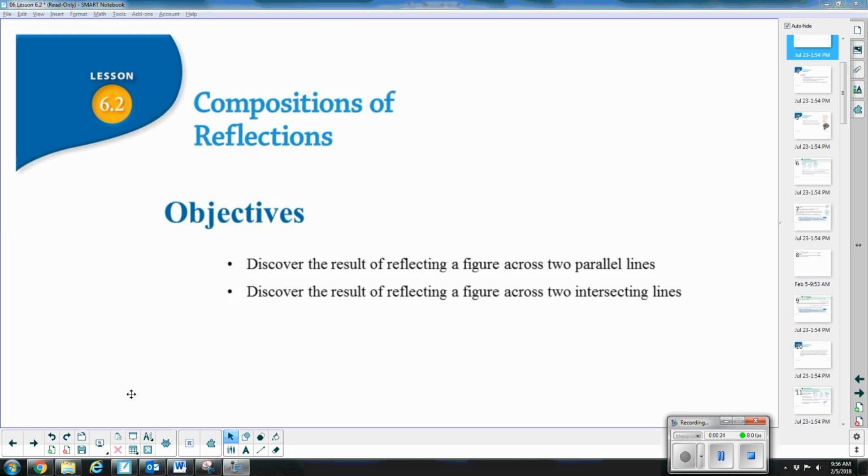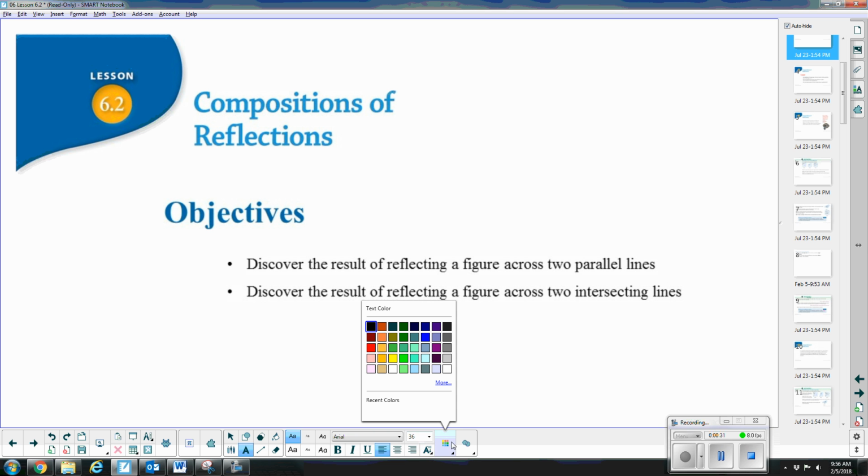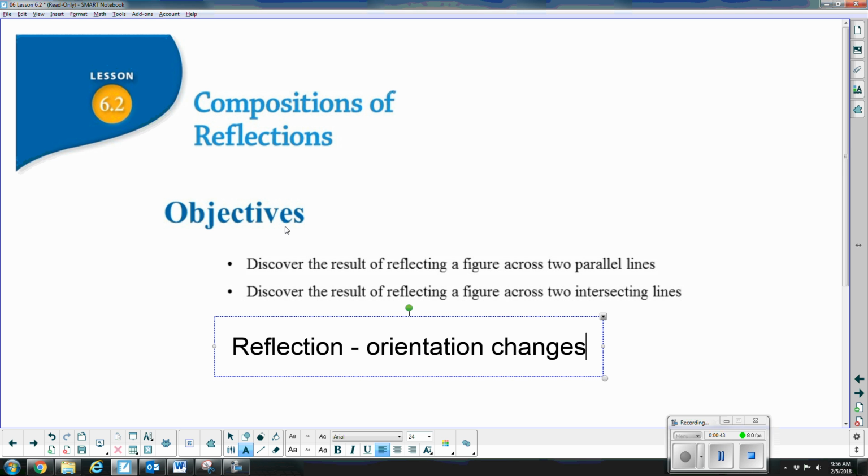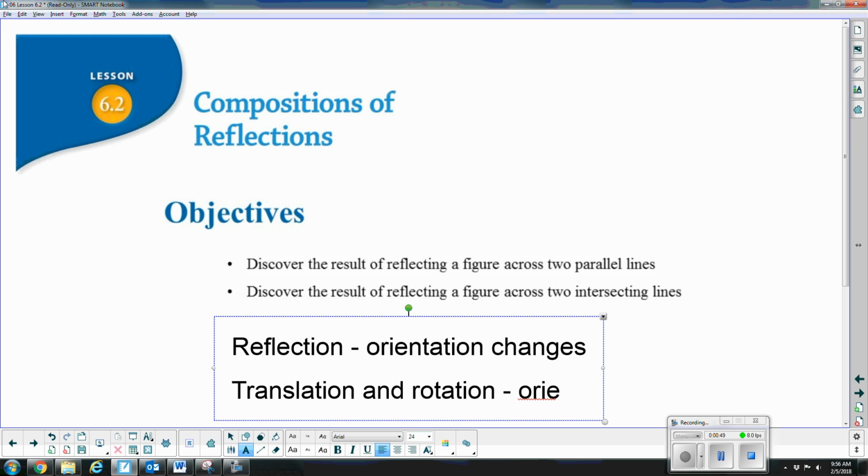If you remember, one major difference between reflections, translations, and rotations is that in a reflection, orientation changes. In a translation and a rotation, orientation stays the same.